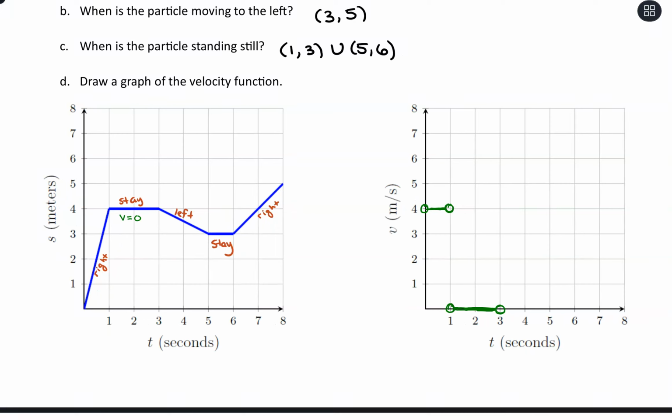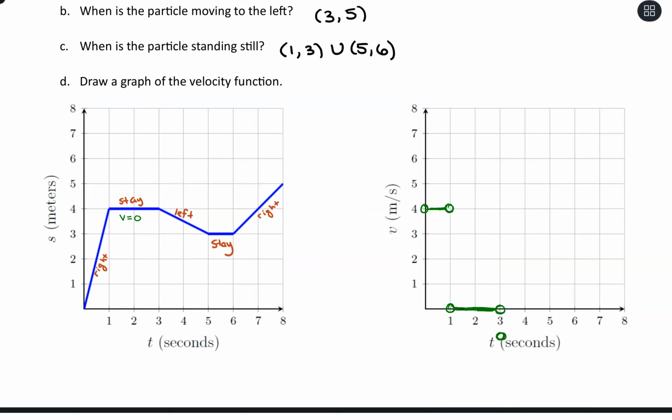Then from 3 to 5, so this is where we are decreasing, so we're going backwards, and this will be a little tricky because it's a slope of negative, and I didn't have enough space in my graph, so this will be a slope of -1/2. So from 3 to 5, I'm actually below the graph here.